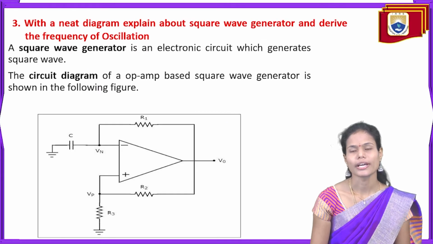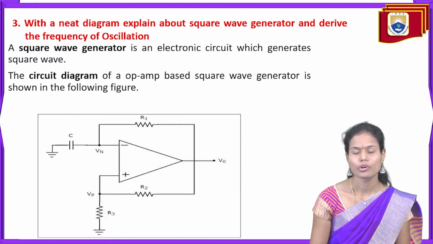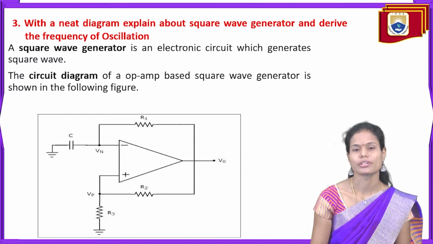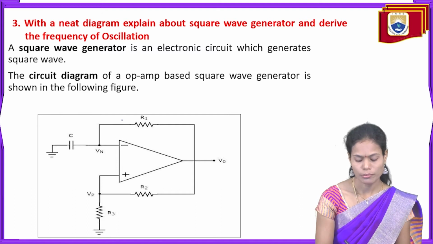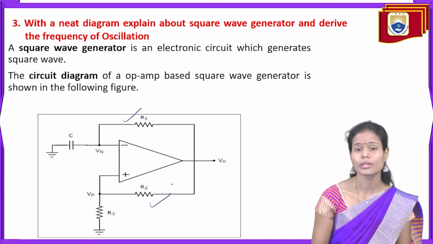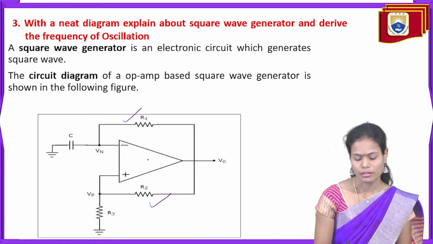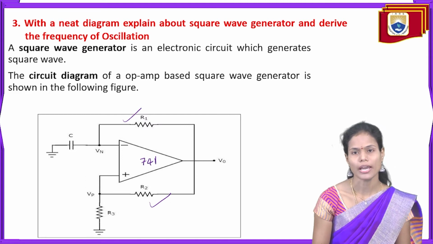And next, with a neat diagram, explain the square wave generator and derive the frequency of oscillation. A square wave generator is used to generate square waves. To design the op-amp square wave generator, we utilize both positive feedback as well as negative feedback, using a 741 operational amplifier.